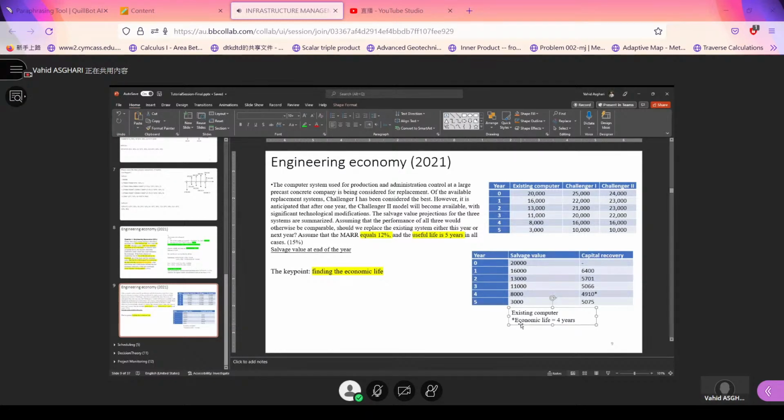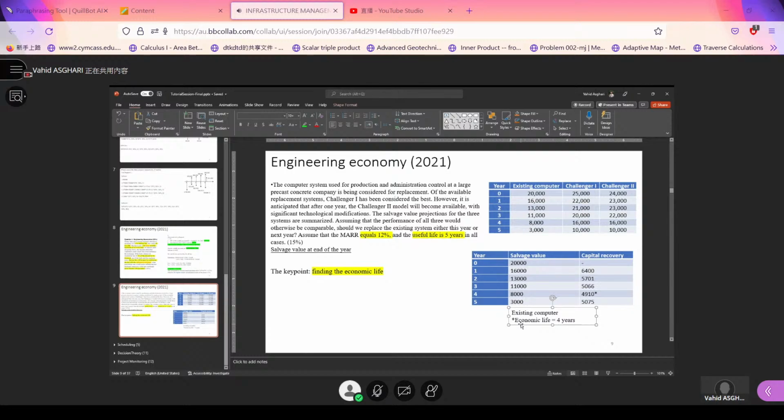If I keep this car for 3 years, how much money am I basically paying every year, which is called capital recovery. Again, you do that for year four, you do that for year five, and the minimum capital recovery will be the economic life of that tool, that machine.